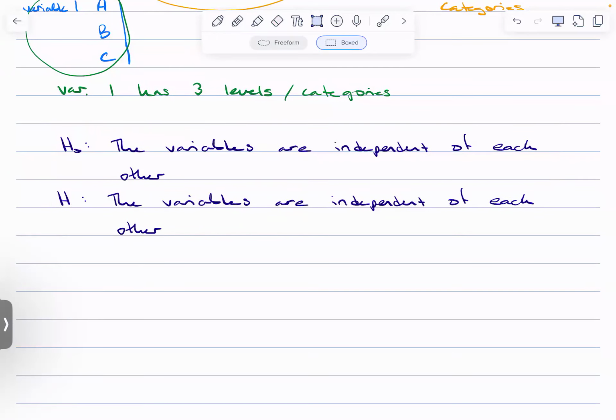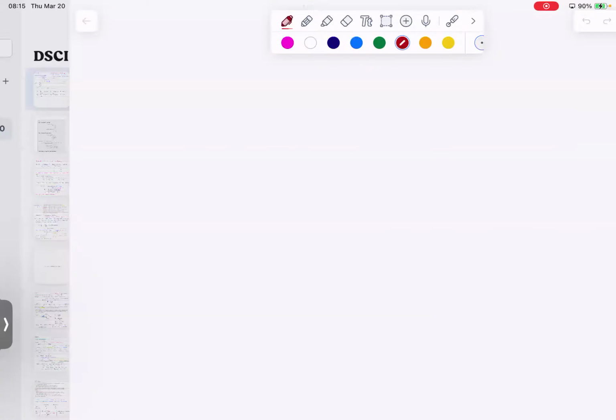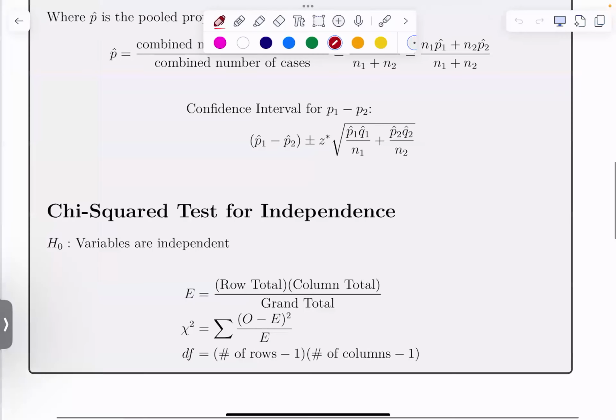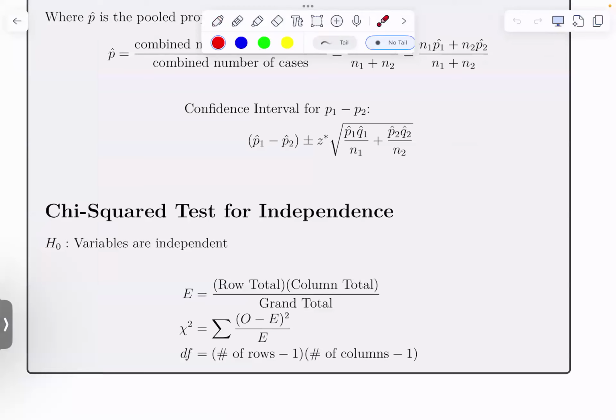So the alternative here, I know I'm cheating, is that the variables are not independent of each other. If we take a peek at your formula sheet, that's what I gave you on your formula sheet, right?